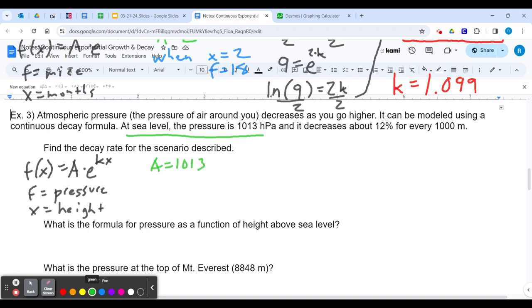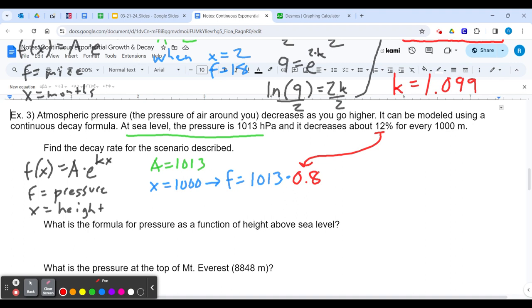And then I also know that at 1,000 meters, so when x equals 1,000, I get a pressure that is decreased 12% from that 1,013. So what's happening there is I get 1,013 times the decrease of that.